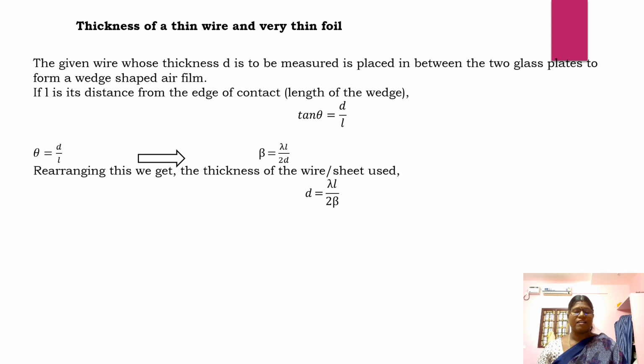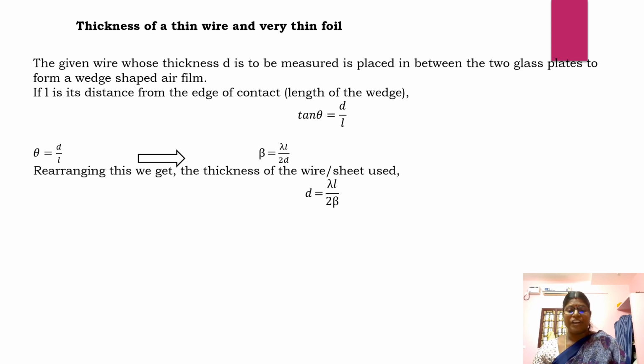Here the angle of the air wedge will be very small, that is nearly zero. So for a small theta, tan theta will be equal to theta. So theta is equal to D by L, which implies the expression for the fringe width beta is equal to lambda L by 2D.